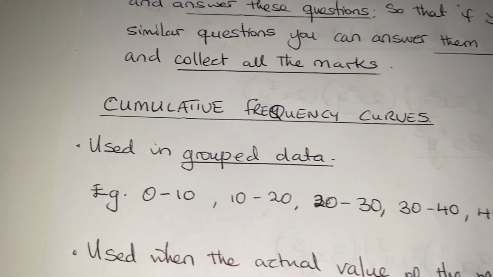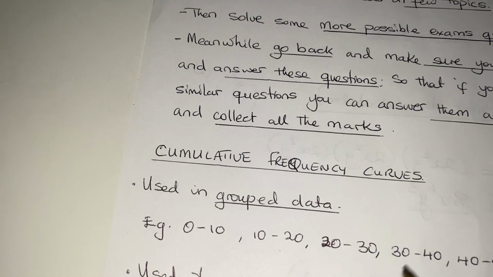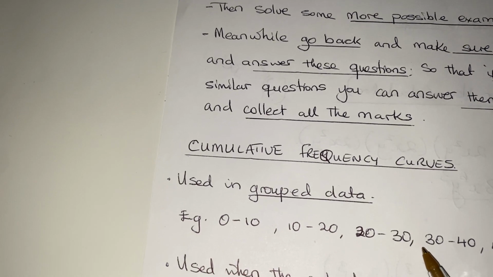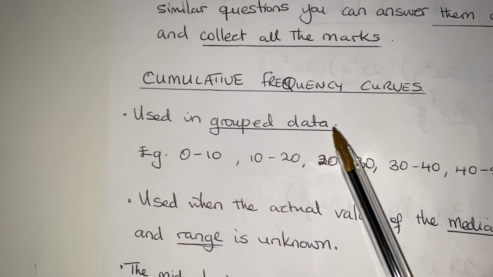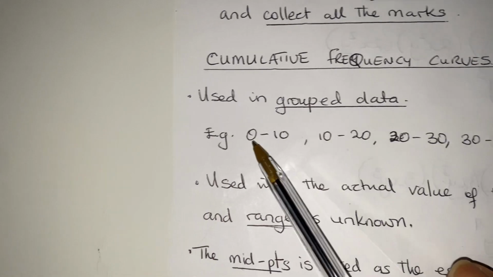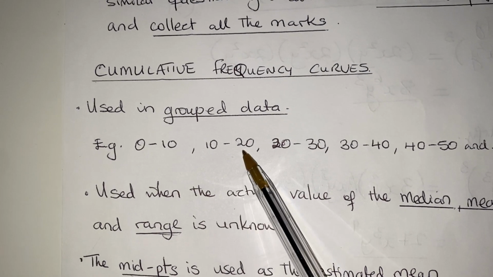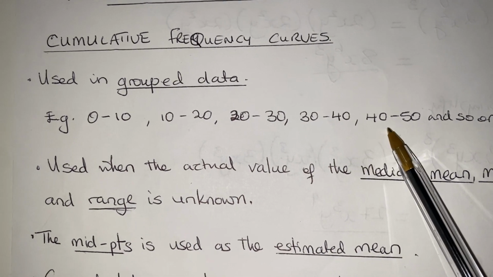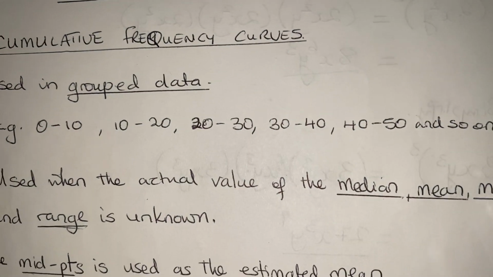We use grouped data. You remember we use grouped data when we're looking at mean, mode, median, and range. So for cumulative frequency too, you will use grouped data. We've done a lot on that. For example, 0 to 10, 10 to 20, 20 to 30, 30 to 40, 40 to 50, and so on.